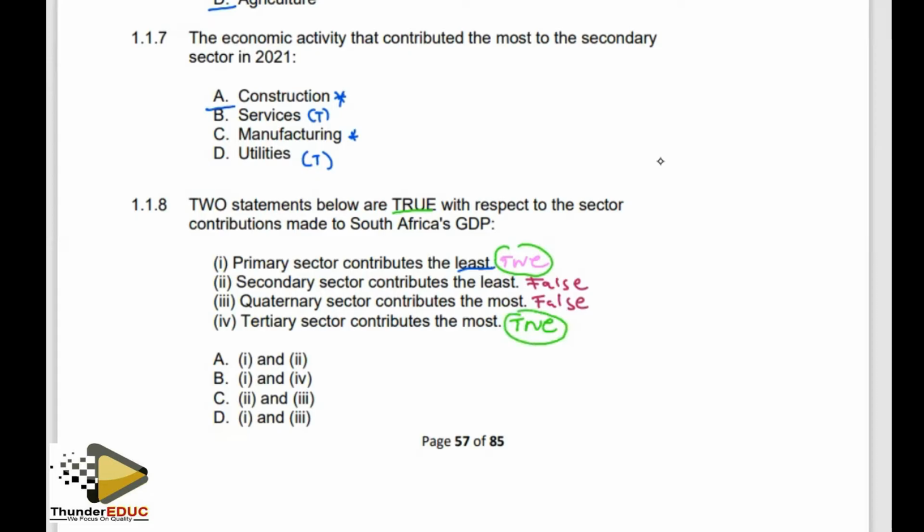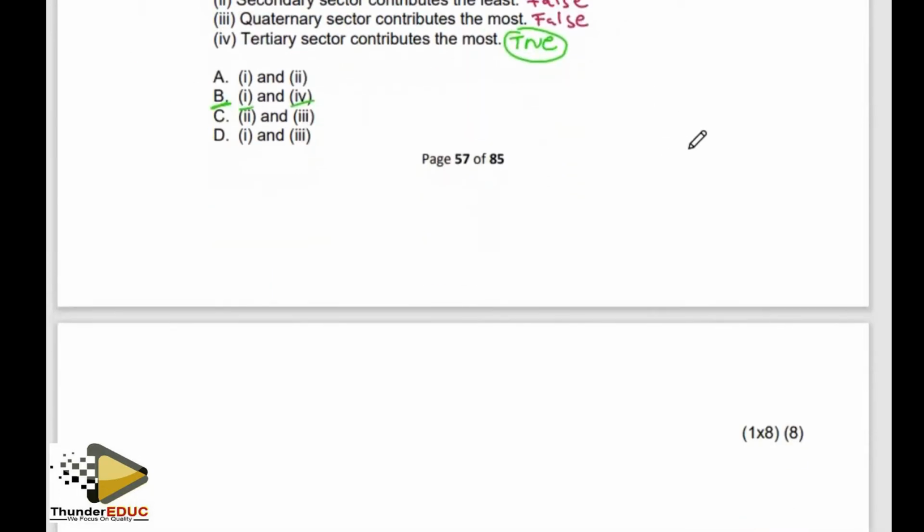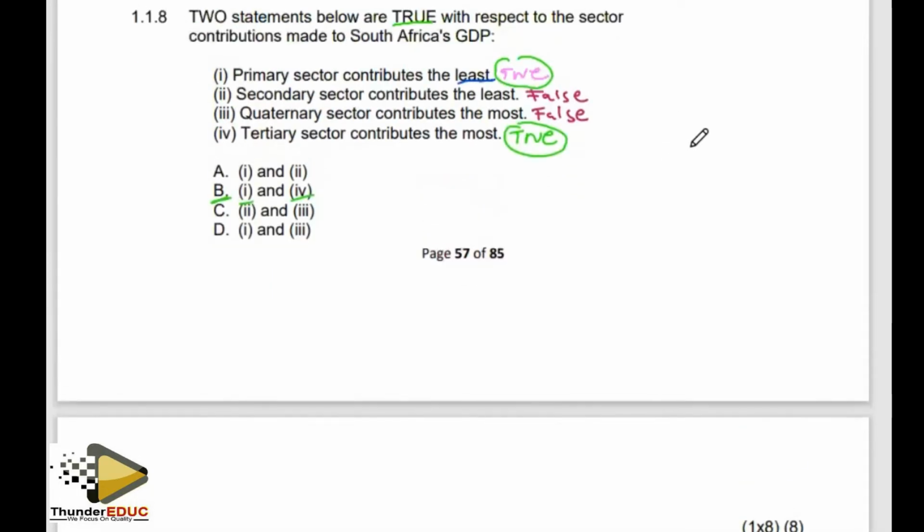Therefore, this is 1 and 4, yes, it makes option B our correct answer, because it has statement 1, it has statement 4. The rest are not correct. Okay, so that is the first question, which was awarded 8 marks.